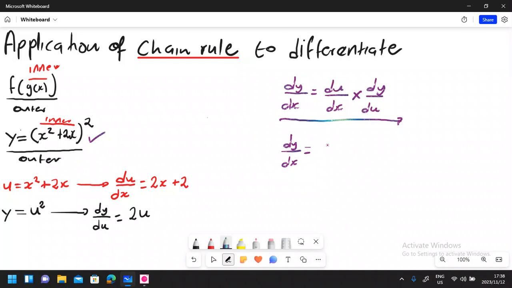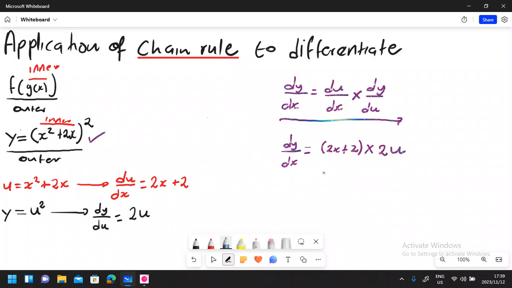It's going to be 2x plus 2 multiplied by dy over du. All right, so don't forget, multiplied by dy over du, which equals 2u.